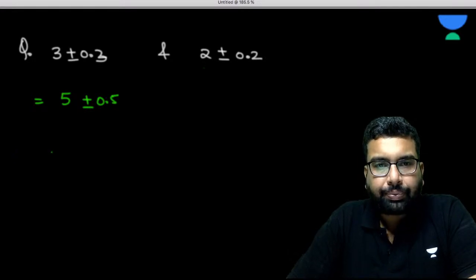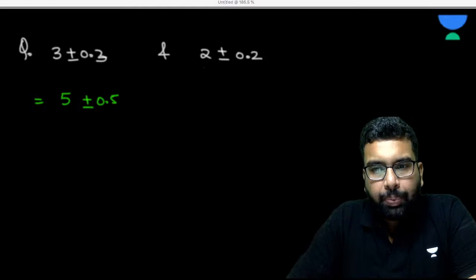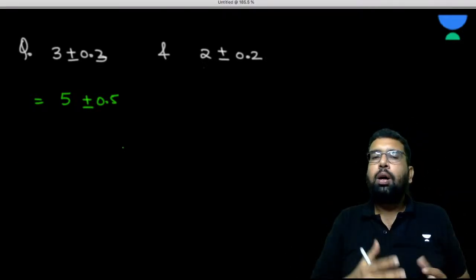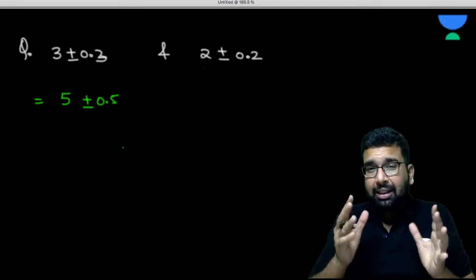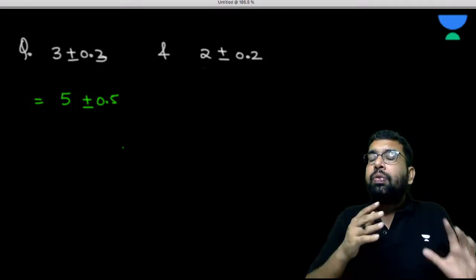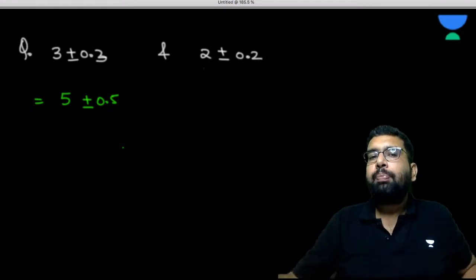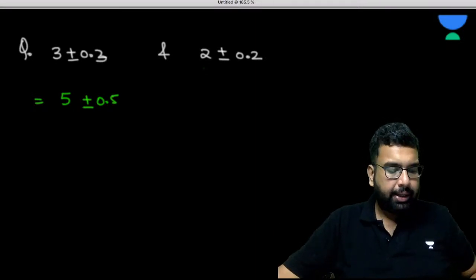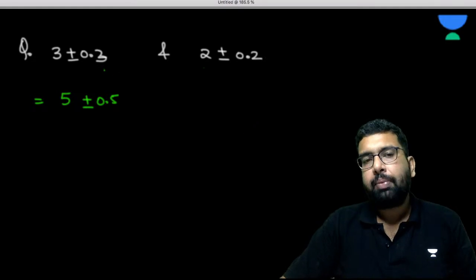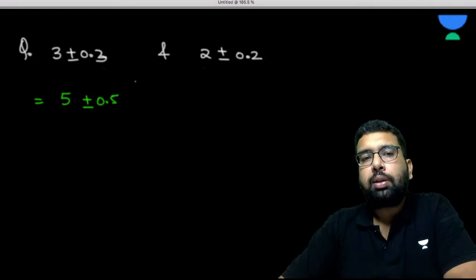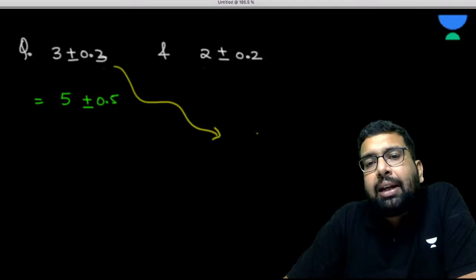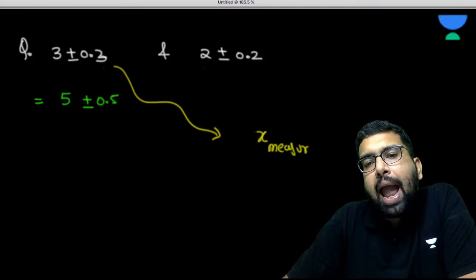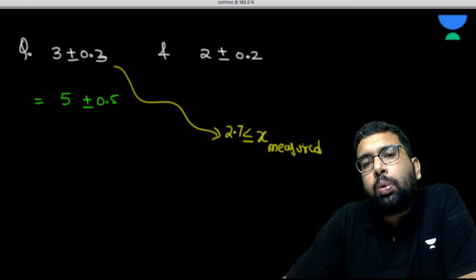Now please understand it. Let's try to get a feel for it. What do you understand when I write 3 plus minus 0.3? It means that when someone has taken this measurement, he may get the measured value anywhere between 2.7 and 3.3.